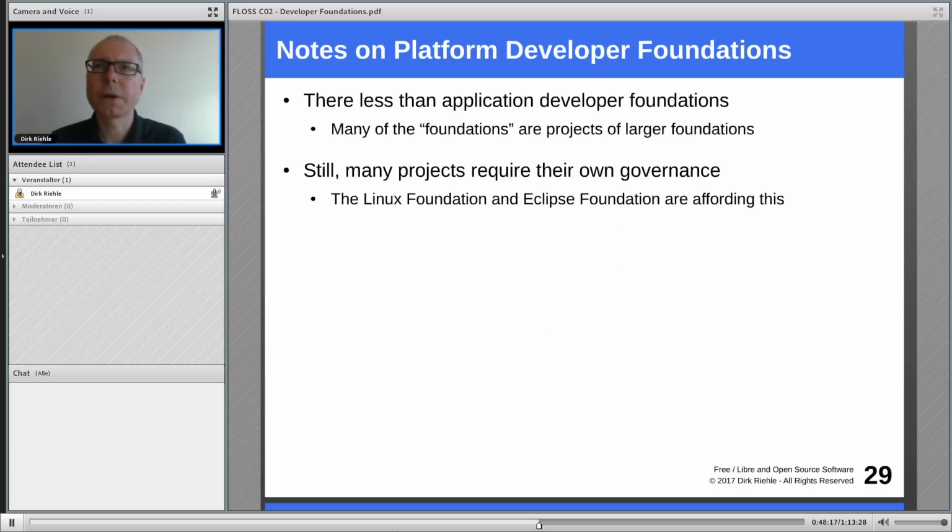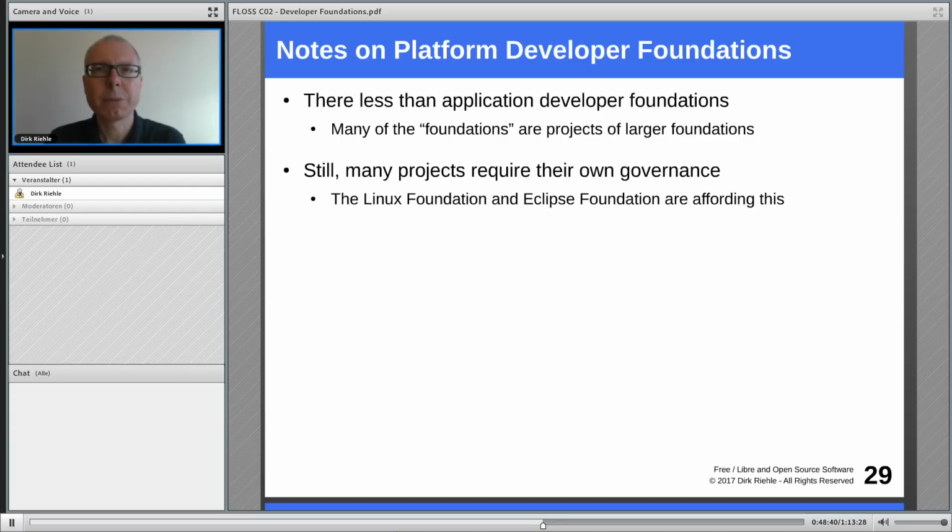All right, so we see here that companies realized maybe we don't need our own foundation, we'll just join the Linux Foundation. And so smartly, the Linux Foundation and also the Eclipse Foundation, as we'll see later, are making it possible to have some lightweight form of foundation.